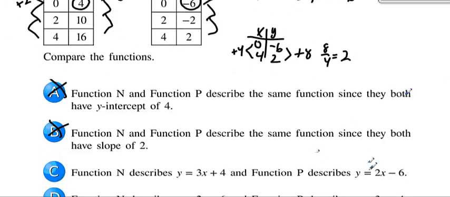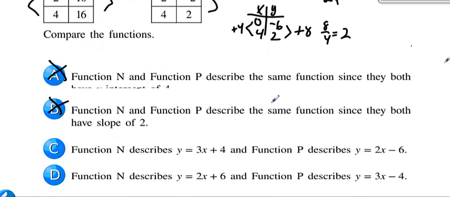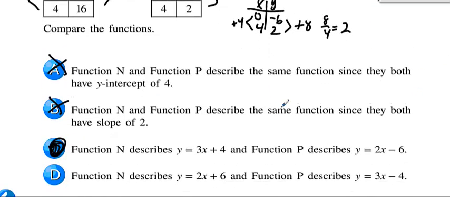C, y equals 2x minus 6. So 2x, this would be minus 6 as well. So we know that that's the answer. Okay? And we'll go now to our, actually I think I'll stop it on this one and make 2 videos.